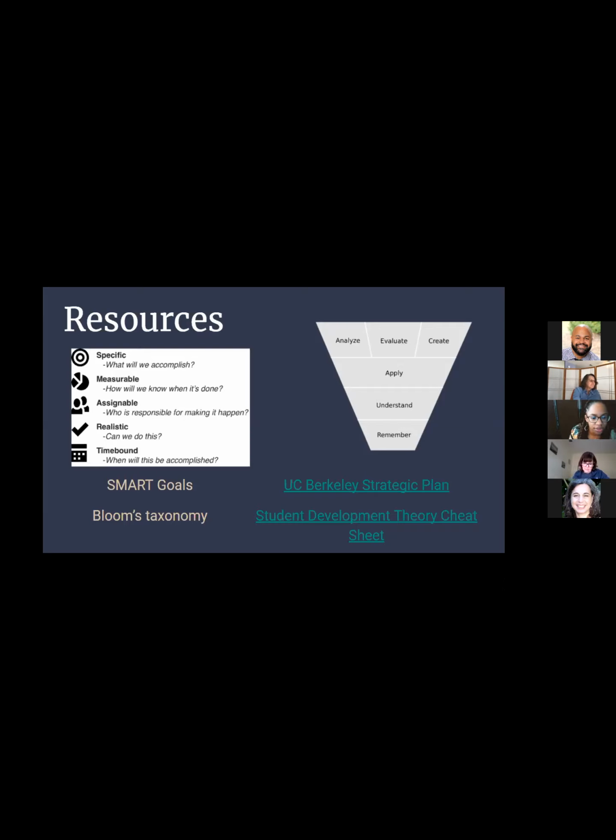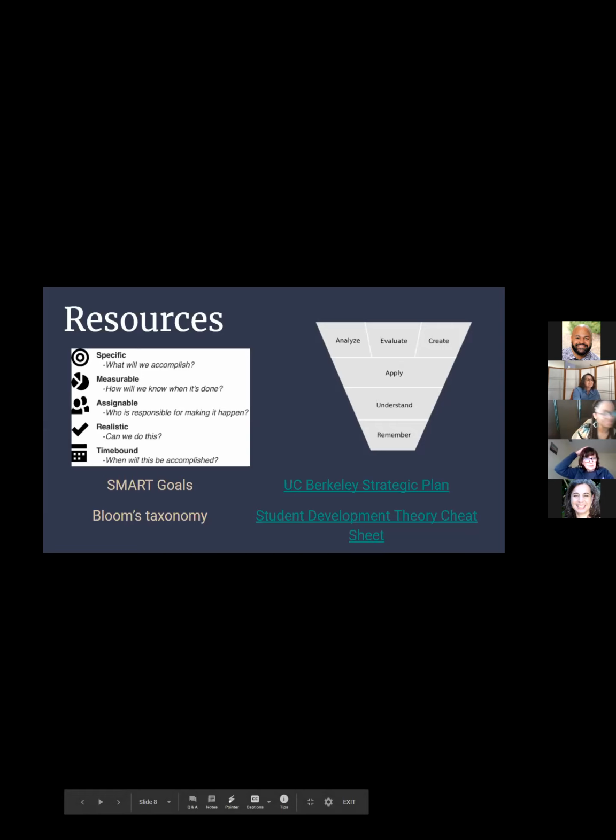Cheat sheet, and it is this one. This is actually much nicer than the one that I usually use. All right. Cool. Can everyone see that? This is from Wichita State University.